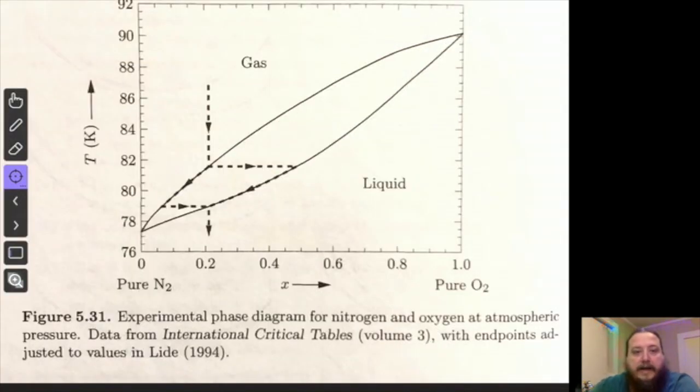And here we're going to actually look at this diagram, which shows us the actual experimentally measured curves for the nitrogen-oxygen phase. So these are the gas points on the top line and the liquid points on the bottom line.